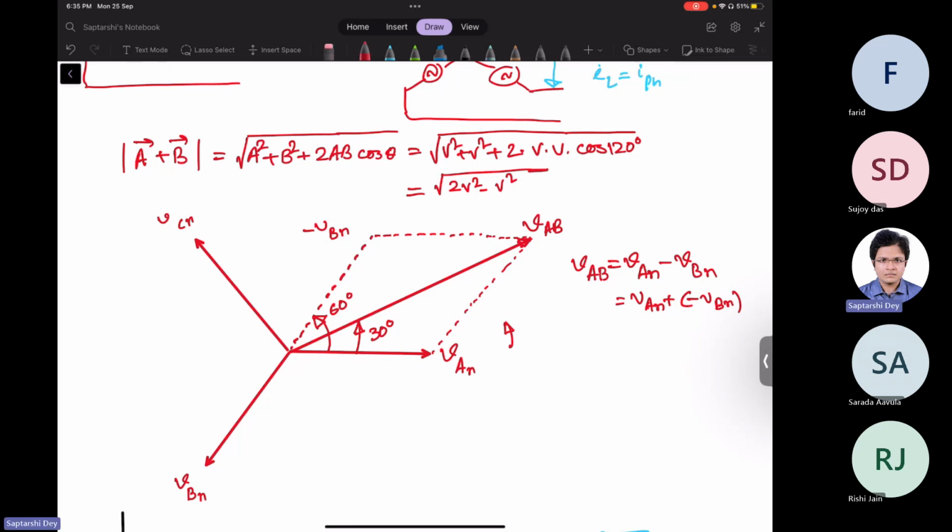Why did it go wrong? My goodness. Cos 120 is minus half. Why am I getting V? Can you guys spot the mistake? Someone is writing in the chat. Yes, cos 120 is minus half.